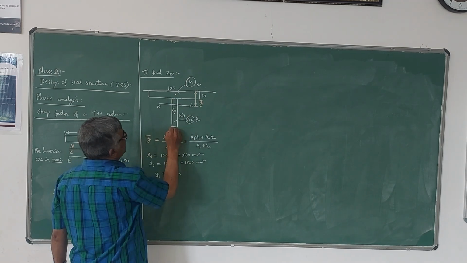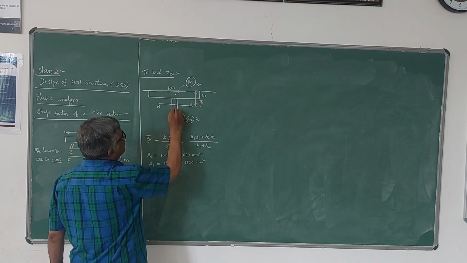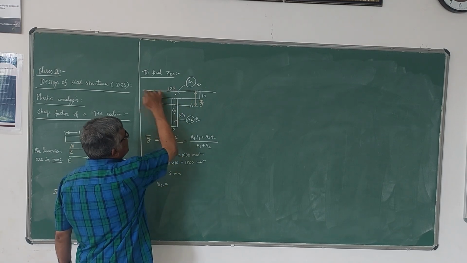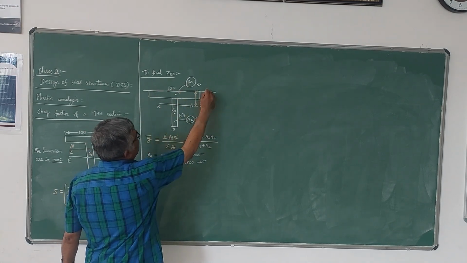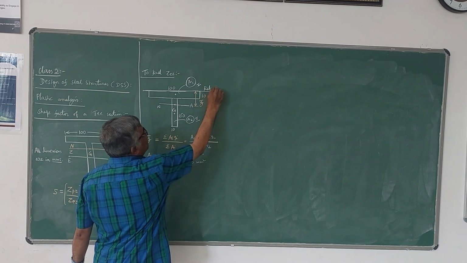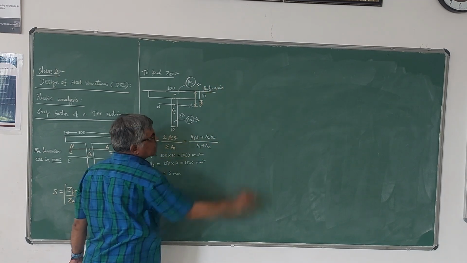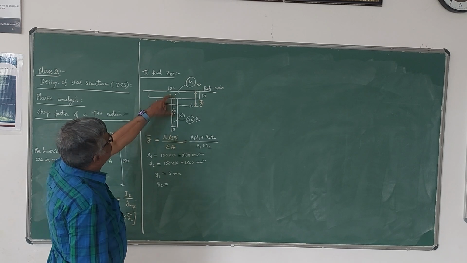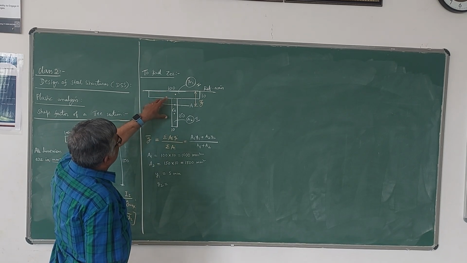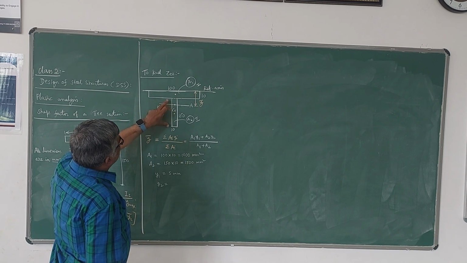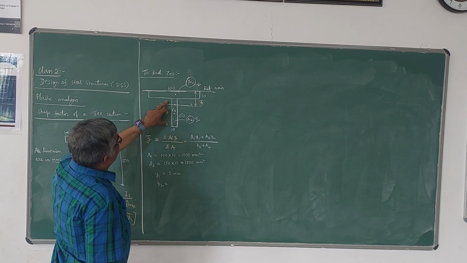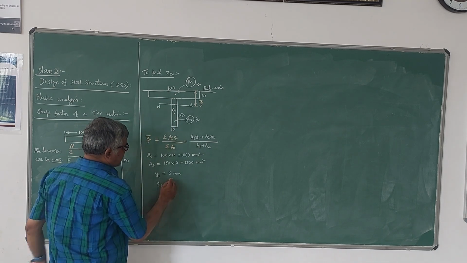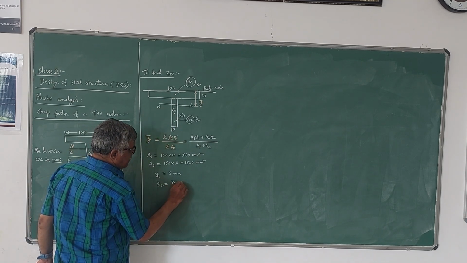Y2 is the distance of the centroid of the web portion from the same reference axis. From here, it is 10 plus the centroid distance of 150 by 2, that is 75. 10 plus 75 is 85.